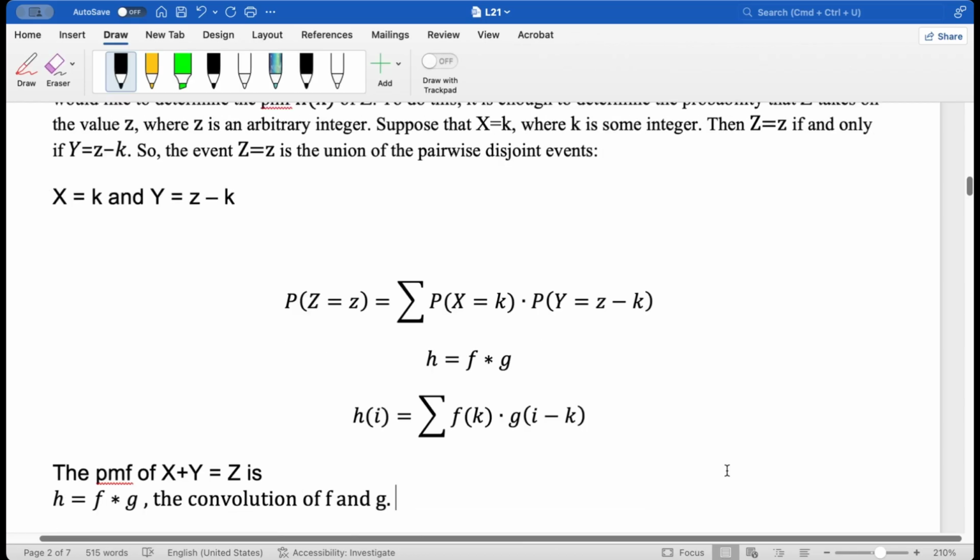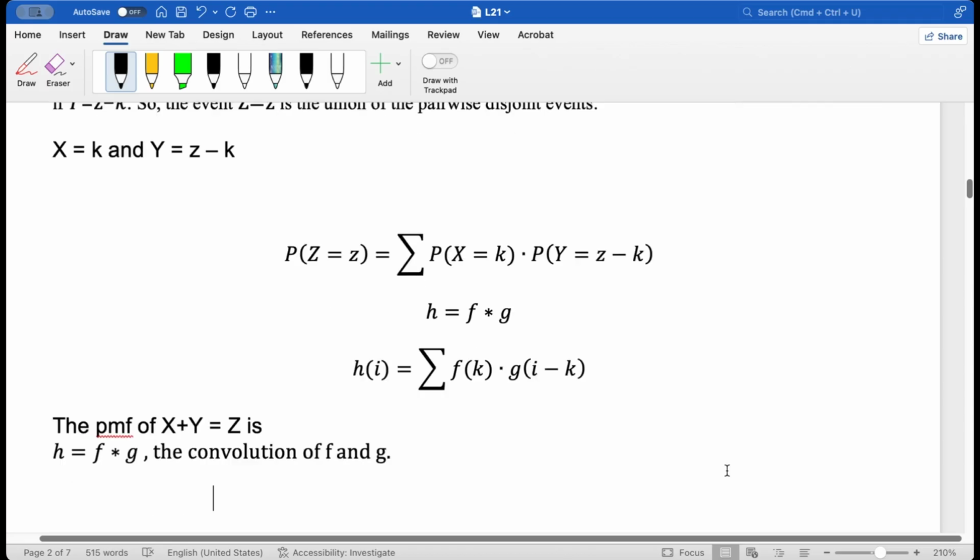And so we can run through all the values here that z can take on by looking at the sum of f of k times g of i minus k. So the PMF, probability mass function of the sum of two independent random variables, is going to be the convolution of the individual PMFs, f star g.